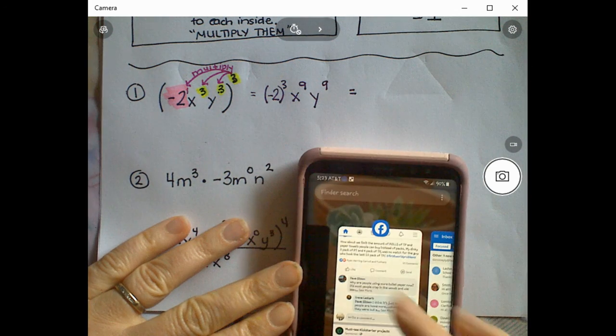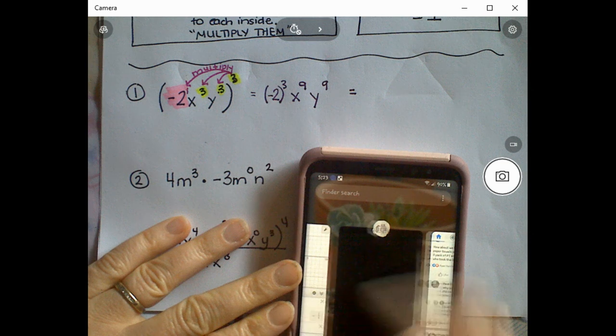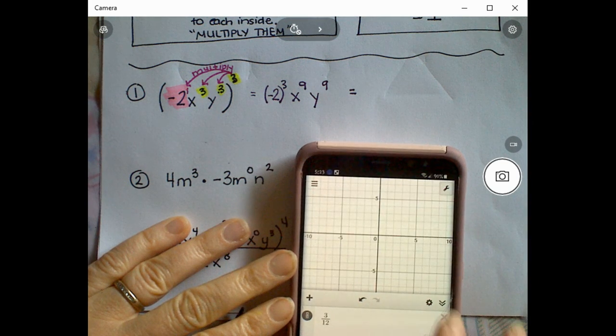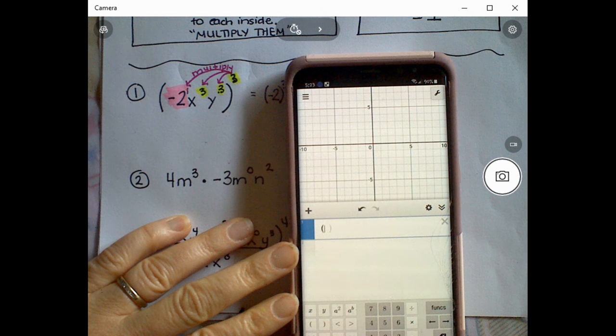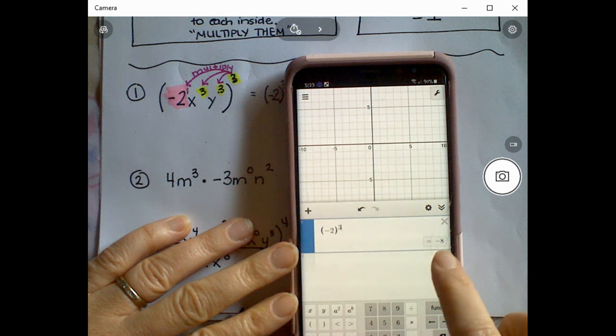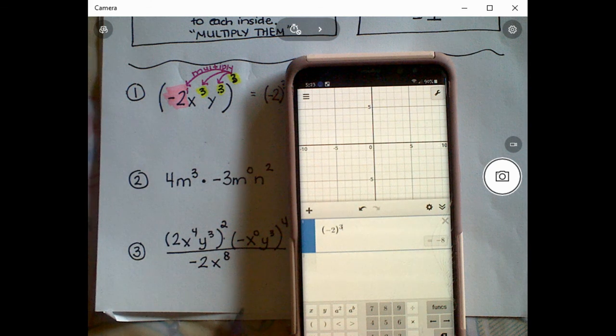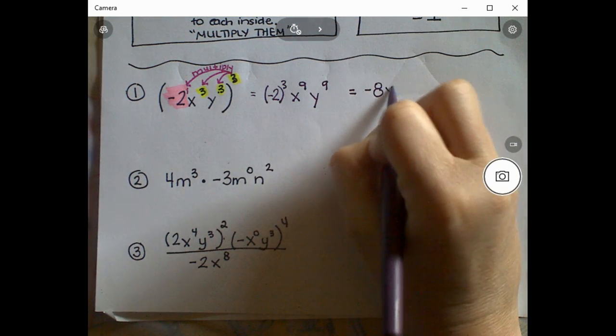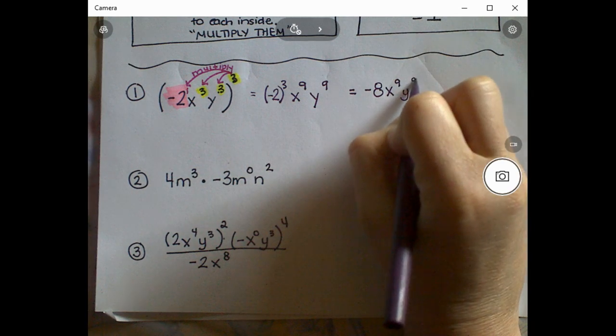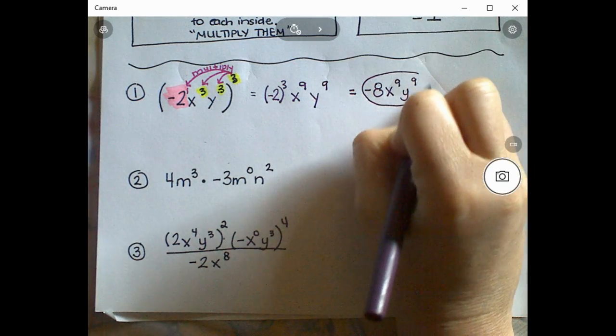What that means is negative 2 times negative 2 times negative 2, in parentheses, negative 2 to the 3rd power equals negative 8. And the x to the 9 and y to the 9 stays. So that's the answer.